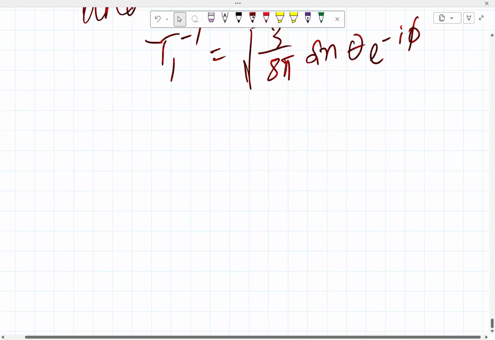Okay. So since we have all this, the next thing is we want to express sine θ cos φ using exponentials.